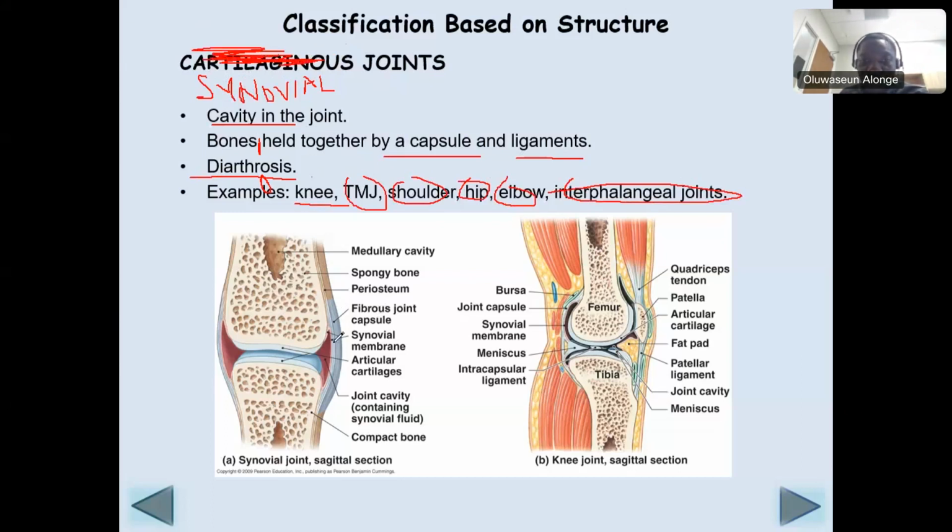Now you see the joint here. This is a synovial joint, and you can see articular cartilage over here. You could see synovial membrane here, and this is the joint cavity where the synovial fluid will be secreted.